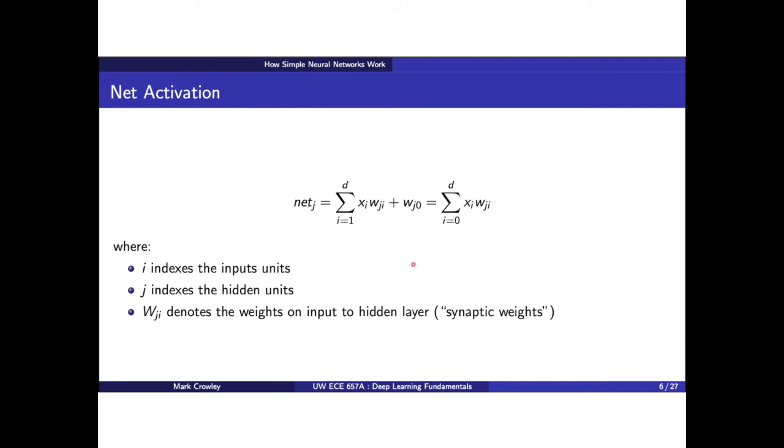So the output for each different layer has its own formulation, right? This net activation one is just the output that you get after the first layer, right?